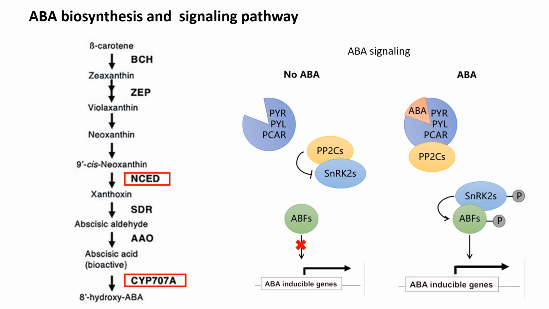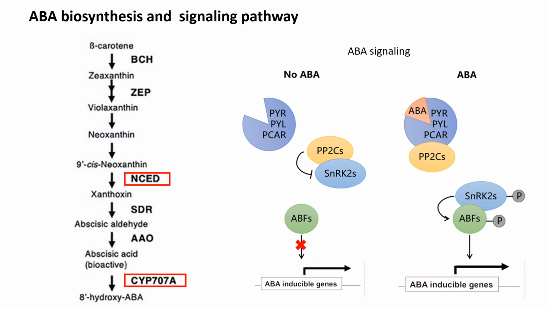The plant hormone abscisic acid plays an important role during the process of seed maturation and also in the induction of dormancy in the mature seed. Abscisic acid biosynthesis starts from the carotenoid beta carotene in the plastids. Beta carotene is converted in a series of steps to the xanthophyll neoxanthin.